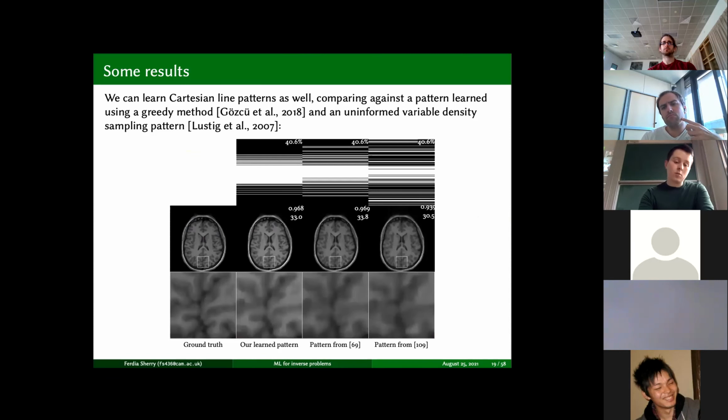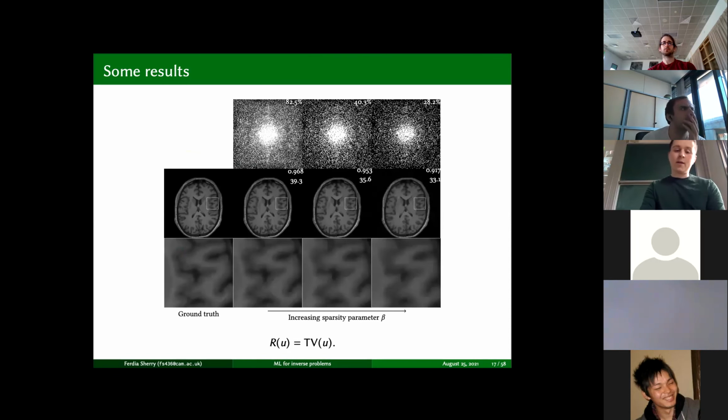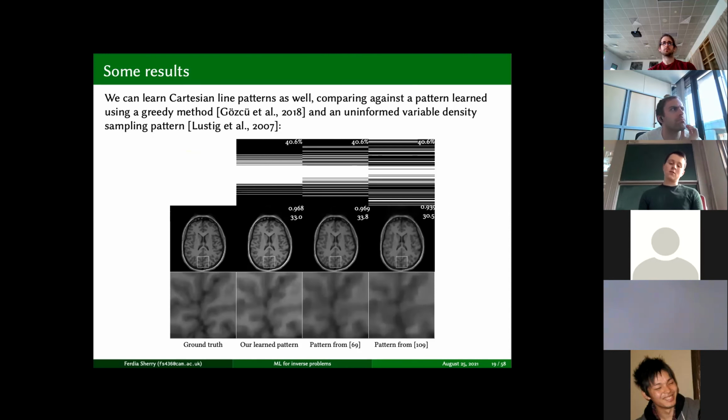One thing is, before I mentioned these were free patterns, but in practice you have some physical constraints that your machine has to satisfy. One way this can be done is you can sample Cartesian lines.